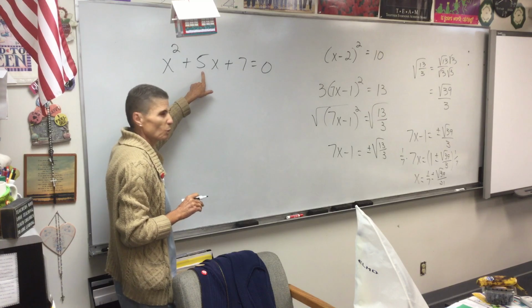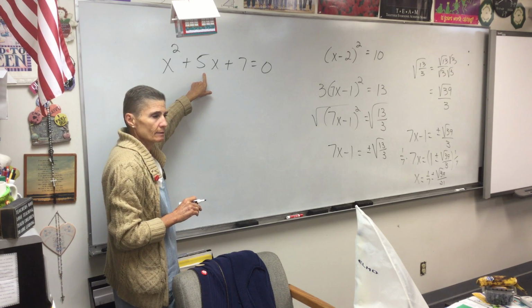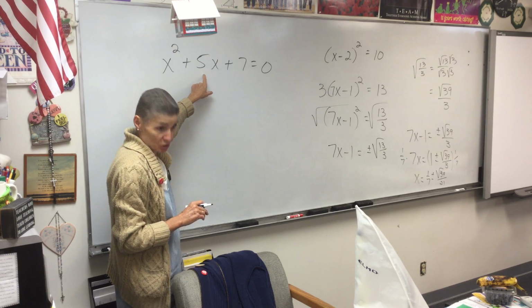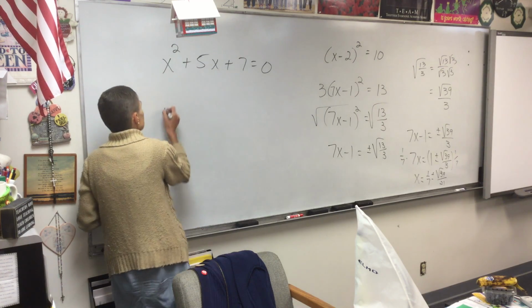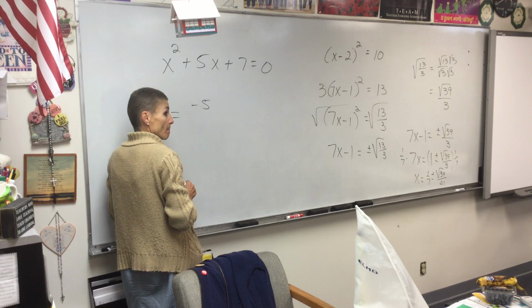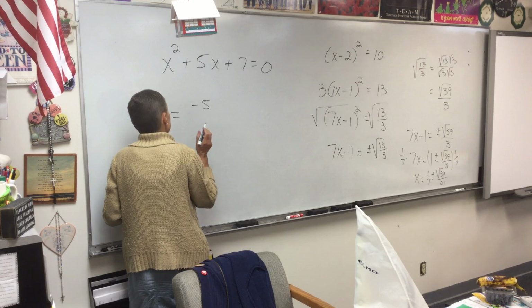I probably wouldn't complete the square. Because why? I'm going to take half of 5 and square it, and that's not going to be something I can easily do. So I think I'll just use the quadratic formula. Oh, by the way, it does not factor, does it? So I think the formula is probably the best way. So here we go.